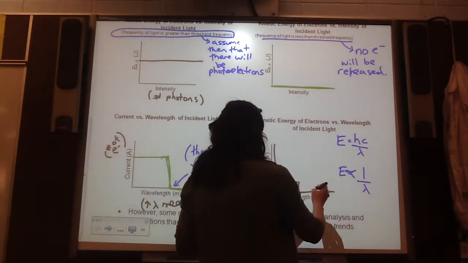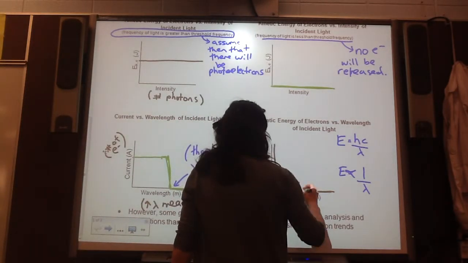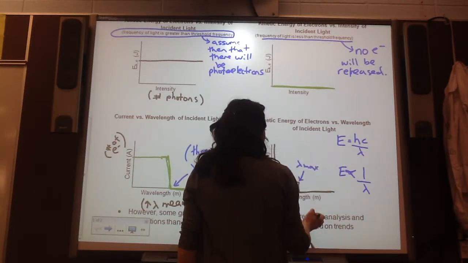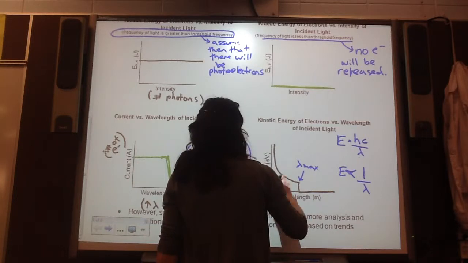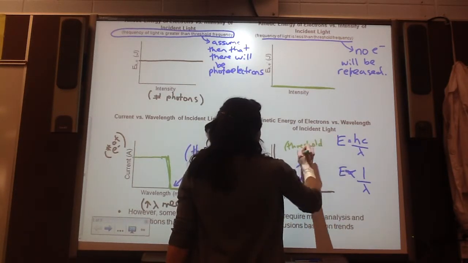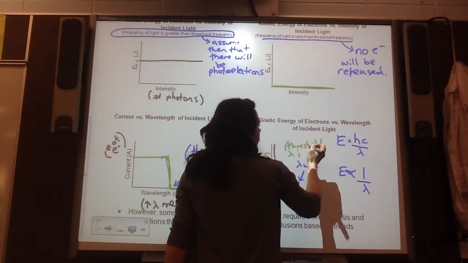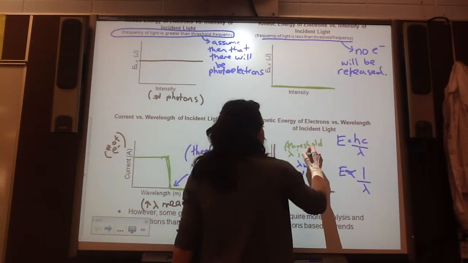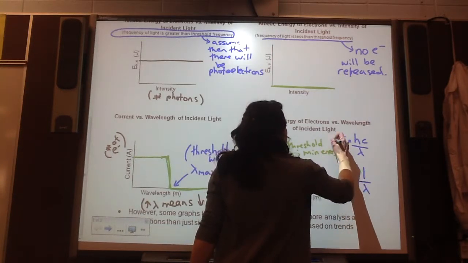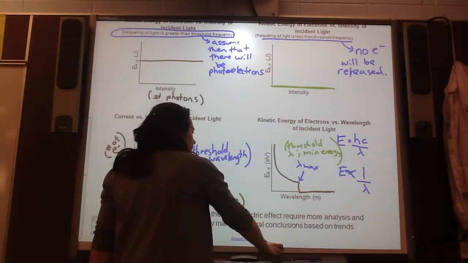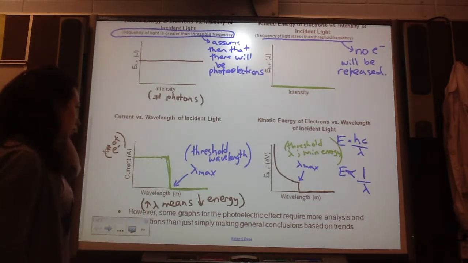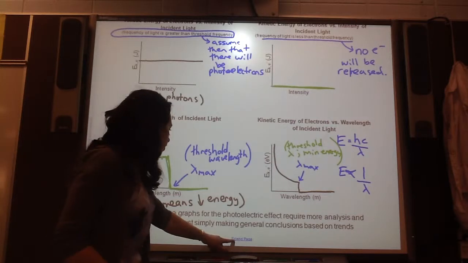Again, we would call this lambda max, or the threshold lambda, or in another way, the minimum energy needed to have kinetic energy of electrons.